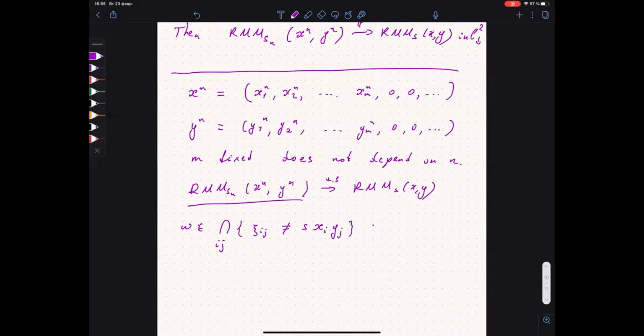And this event has probability one. I hope here the continuity is clear, or I should say more.